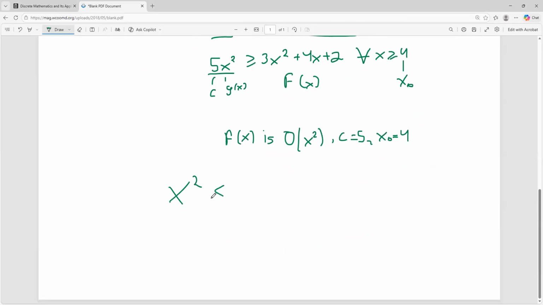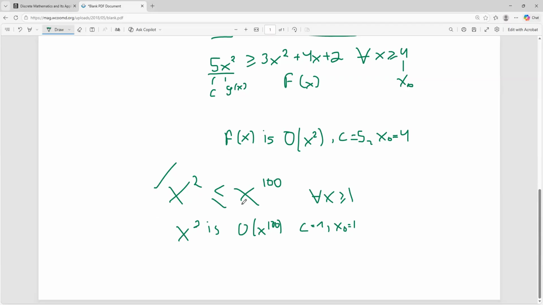I could say that x squared is less than or equal to x to the 100th for all x greater than or equal to 1. This is technically right. This is a big O. X squared is big O of x to the 100 for c equal to 1, x0 equal to 1.